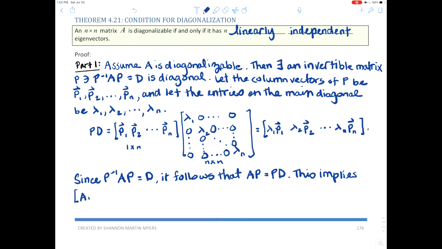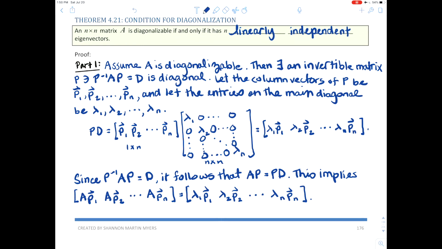I'd have A times P1, A times P2, all the way down to A times Pn for A times P. And I already showed that we'd have lambda 1 times P1, lambda 2 times P2, all the way down to lambda n times Pn on the other side. Groovy?